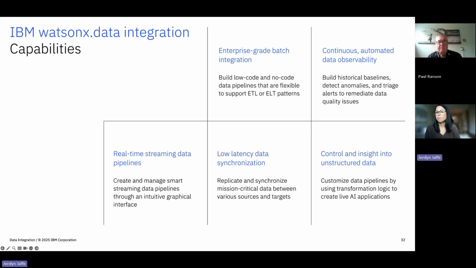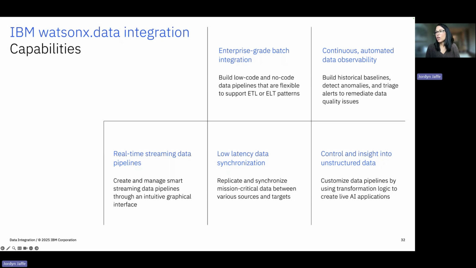Yeah, so as Paul mentioned, there are 5 capabilities within watsonx.data integration. First is ETL, ELT, that data observability aspect, real-time streaming, low latency data synchronization, as well as unstructured data.